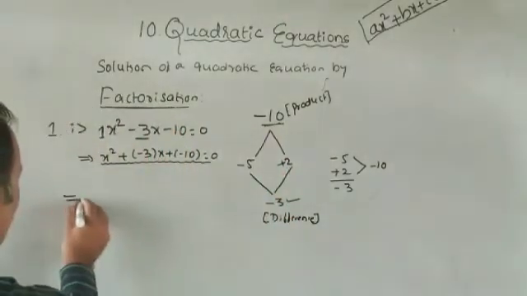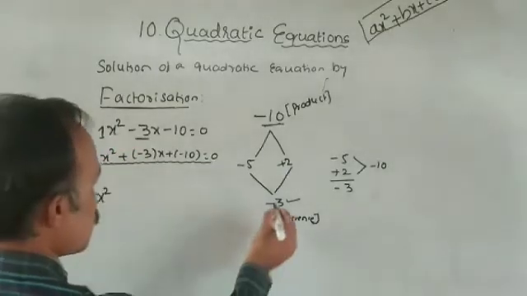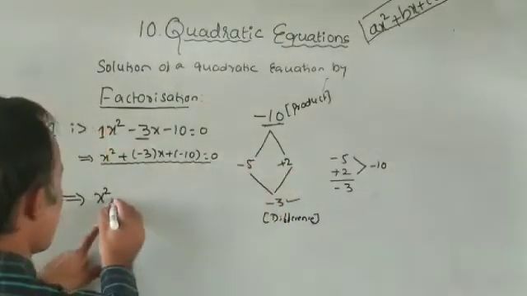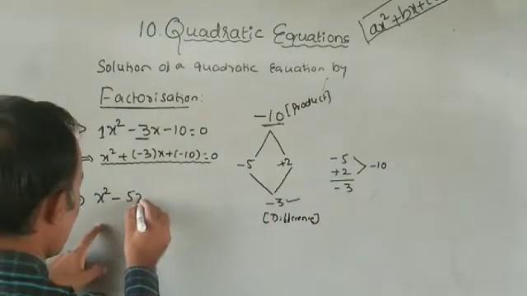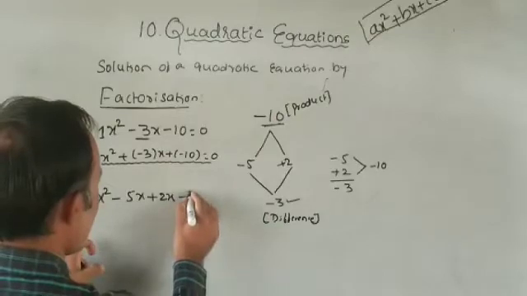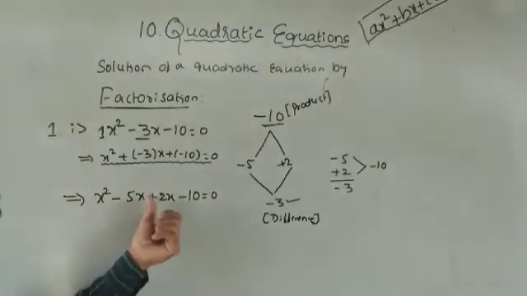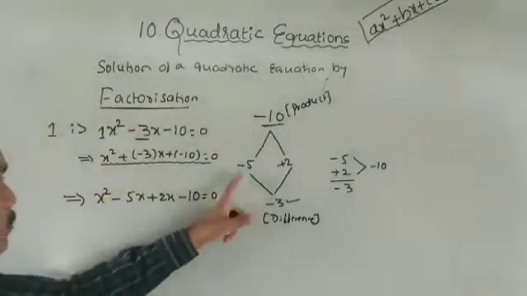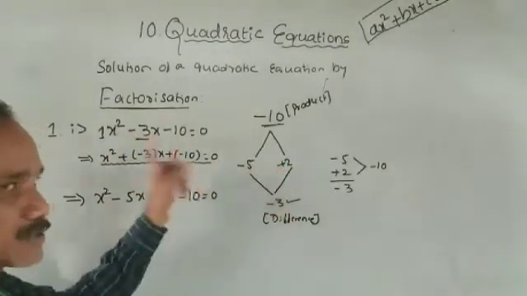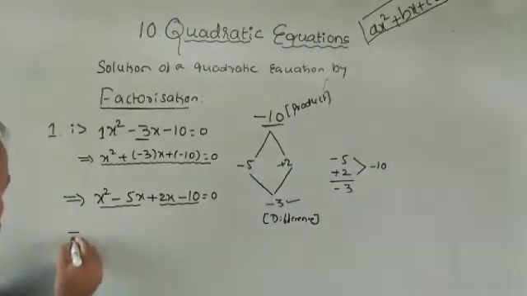Thus I will continue. Which implies x square as it is, minus 3x can be written as minus 5x plus 2x, minus 10 as it is, is equal to 0. Minus 5x plus 2x is minus 3x, and minus 5 into plus 2 is minus 10. Now we make groups.